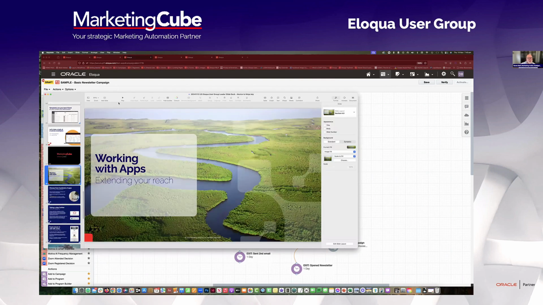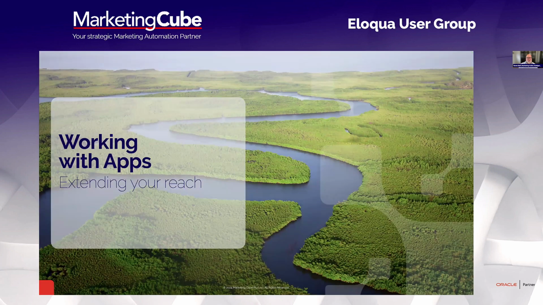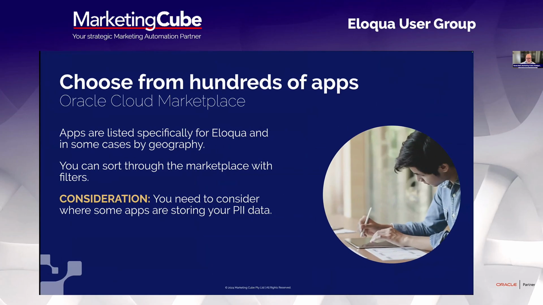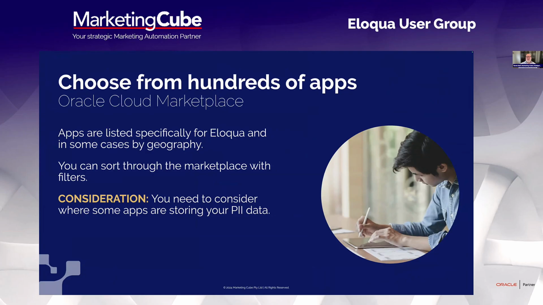Okay, so apps can really help extend your reach in relation to what you're doing. And you've seen, as we've looked there at the campaign canvas just now, that there are a range of different webinar apps, as an example. The thing I learned from yesterday, by the way, is that it's impossible for me within this time frame to present both the webinar platform ideas for a campaign canvas as well as the newsletter.